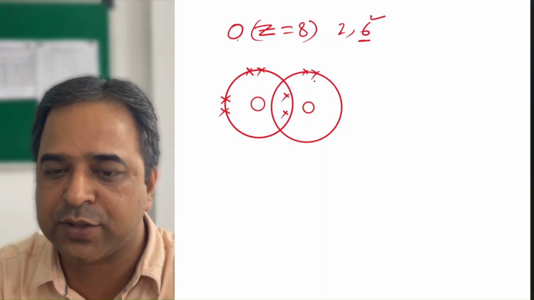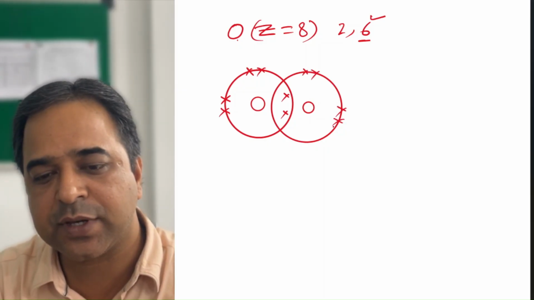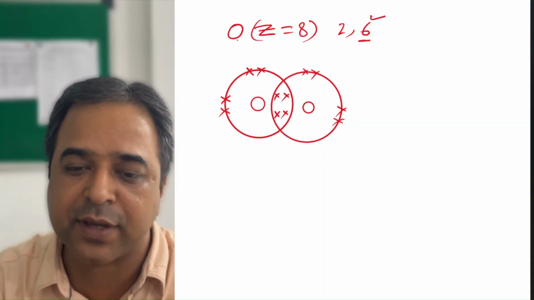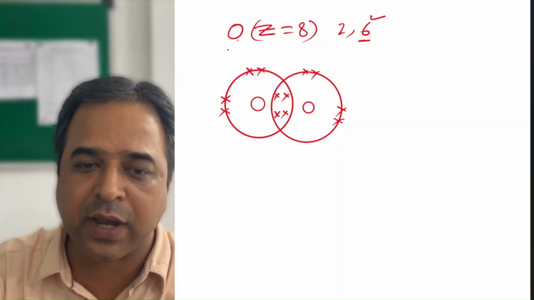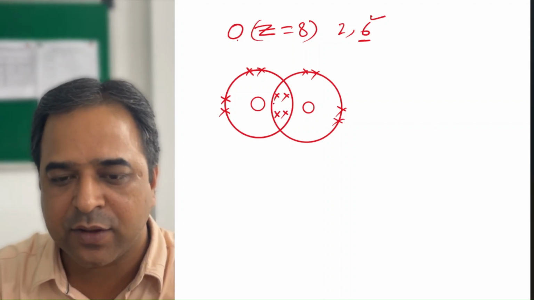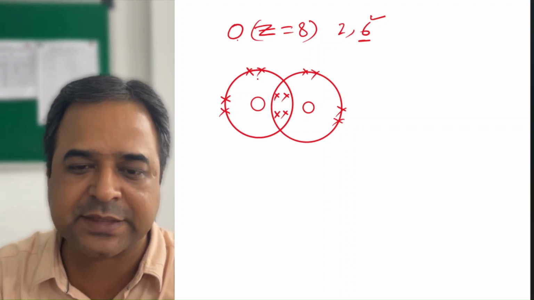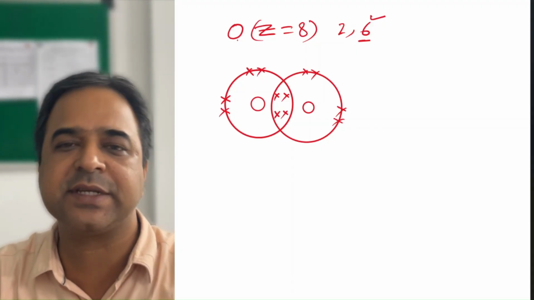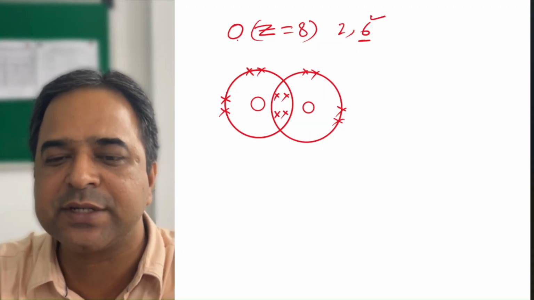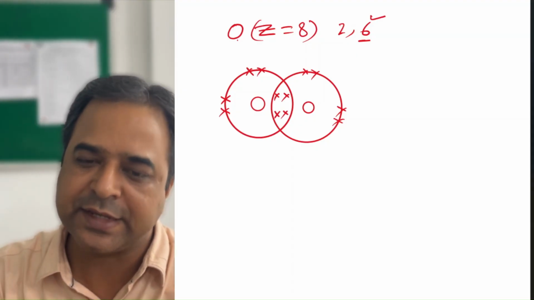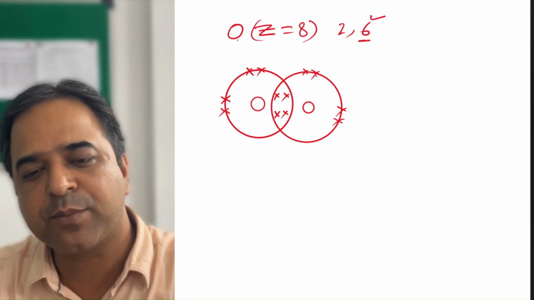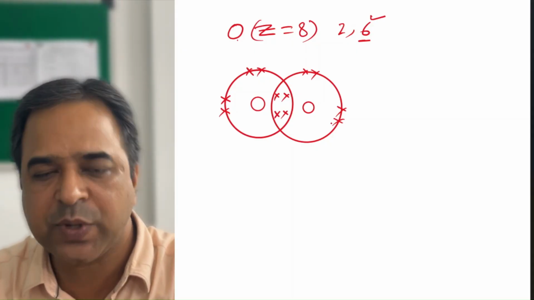So 2 electrons here, 2 here, and the ones which are being shared I am putting here. If you count, 4 electrons, 6 electrons plus 2, 8 electrons. So one of the oxygens is completing its outermost shell with 8 electrons. In the same way, the other one also: 4 electrons plus 2, 6 plus 2, 8.